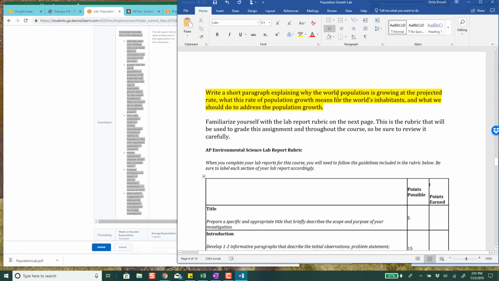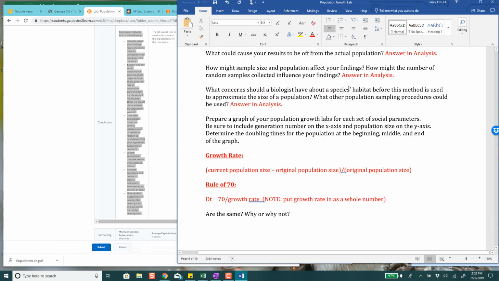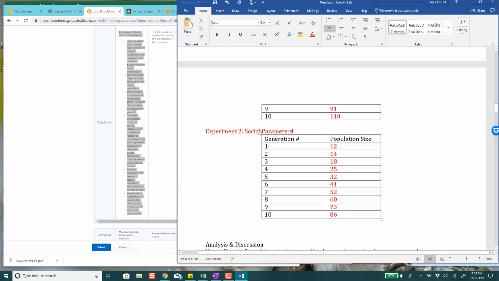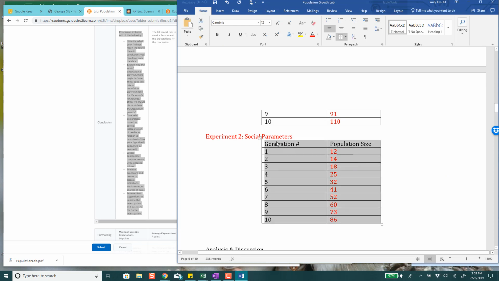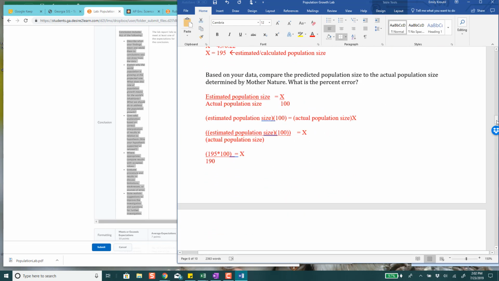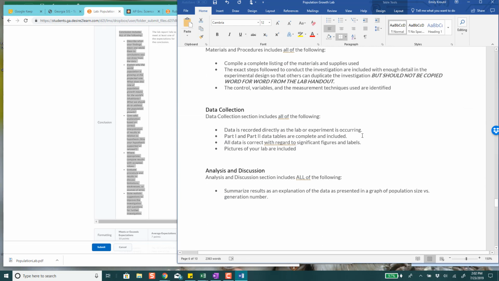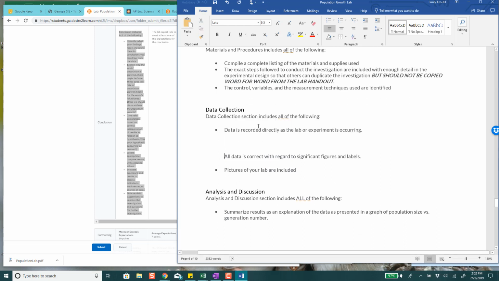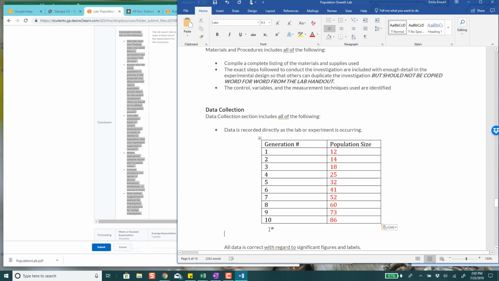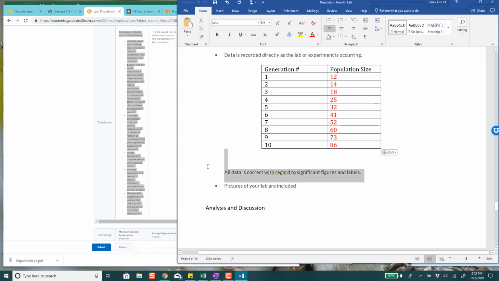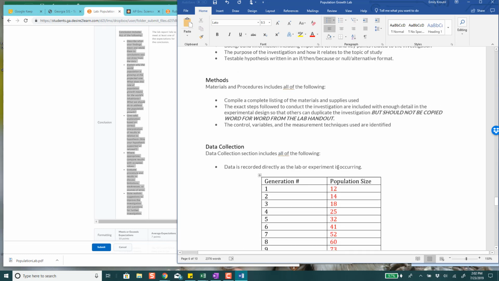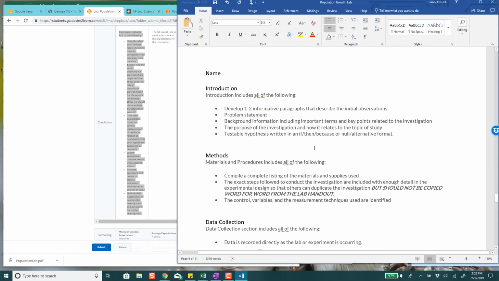Now for your procedure, make sure you don't write the procedure word for word. From the lab, you need to put it in your own words. Okay, you'll lose points if you don't put it in your own words. Okay, so data tables, right? There's my data table. And so I'm kind of building my lab report as I go along, right? That way I can make sure that I've got everything that I need in here.